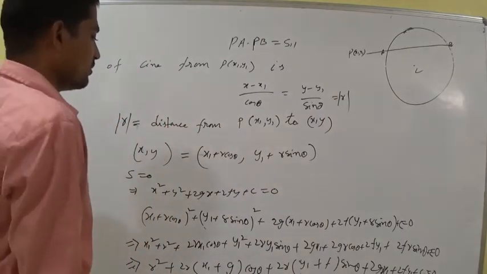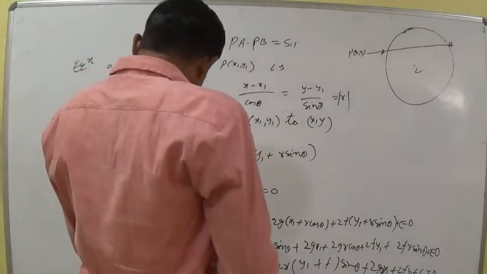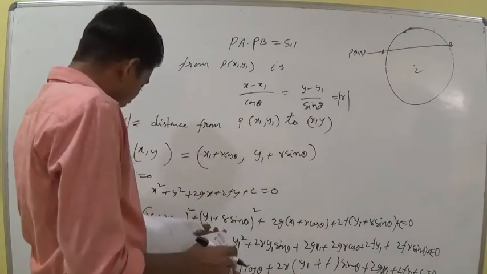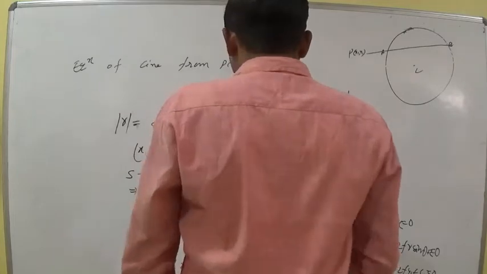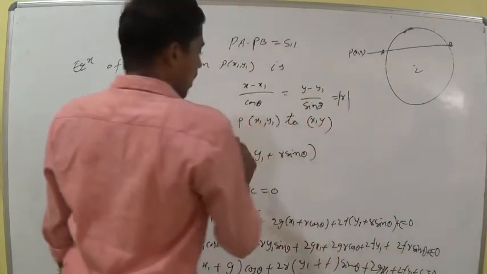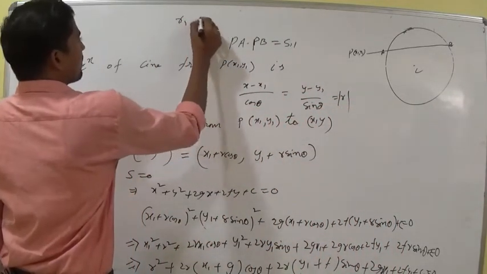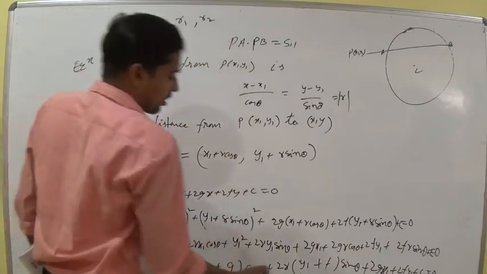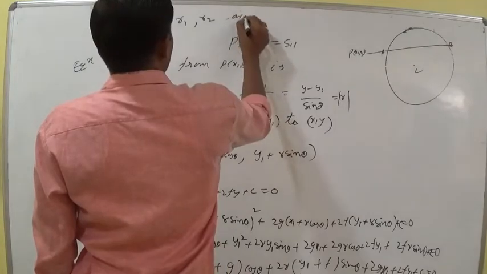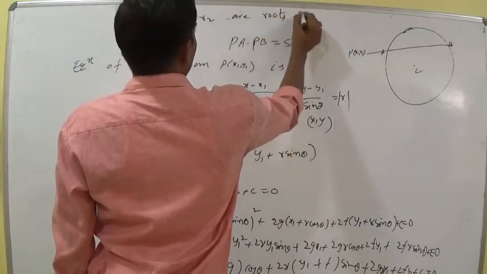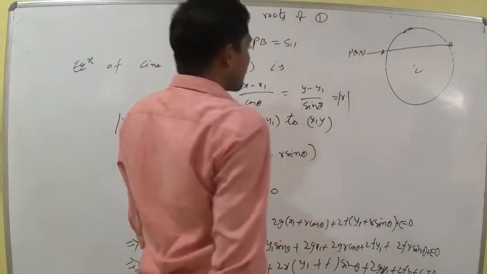S11 is equal to 0. Here, let us suppose that r1, r2 are the roots of this equation, call it 1.